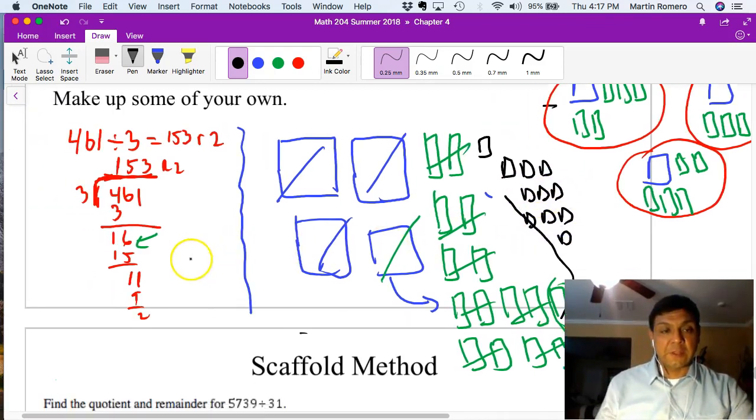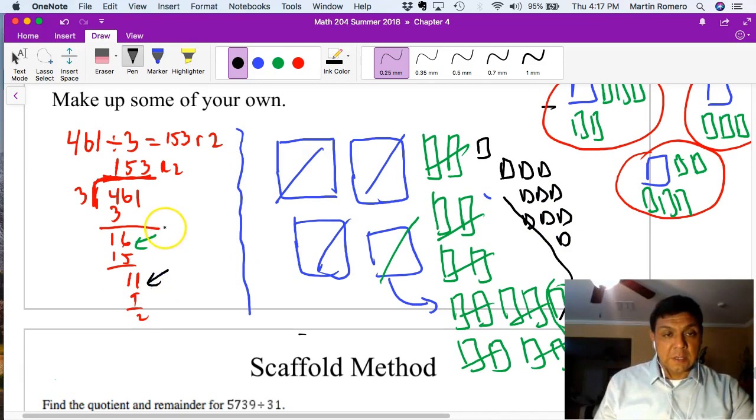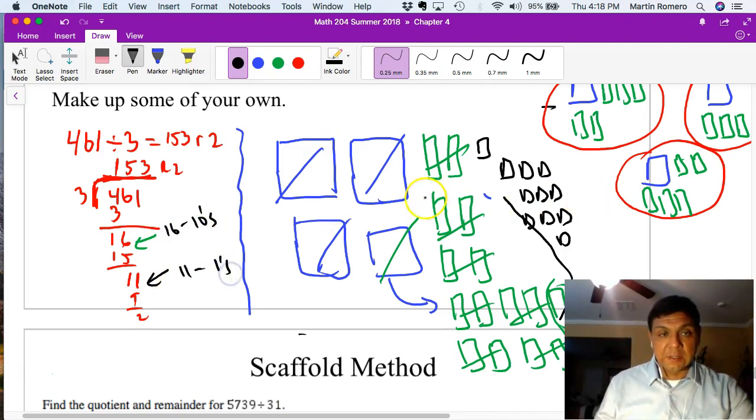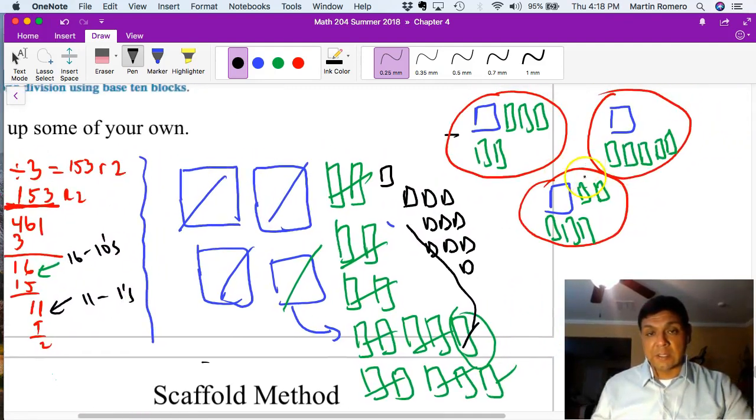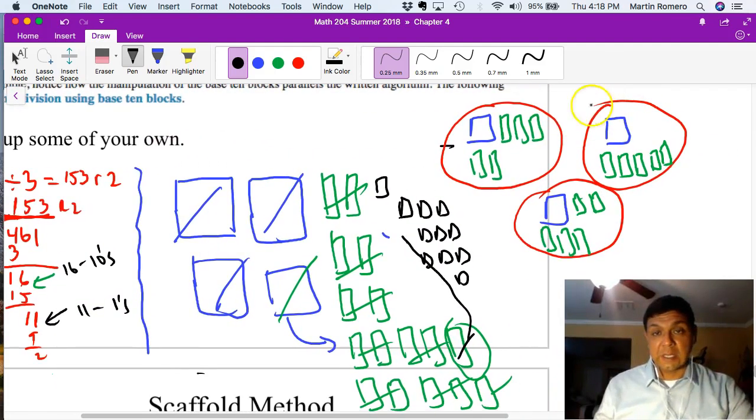What you're left with now is 16 tens, and here you have 11 ones. That's what now gets distributed out, and you can see each of them gets 3.